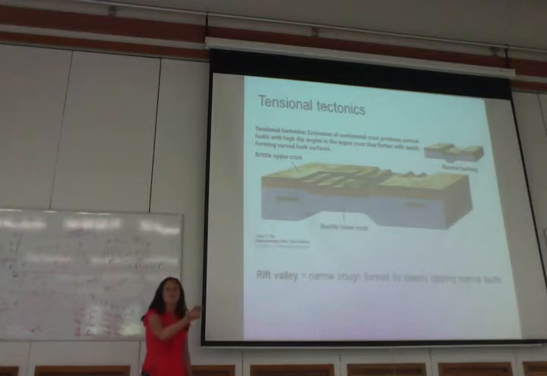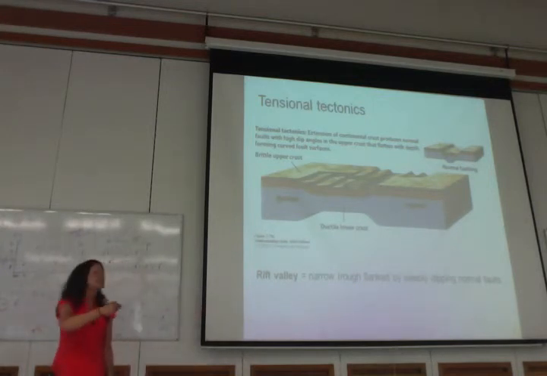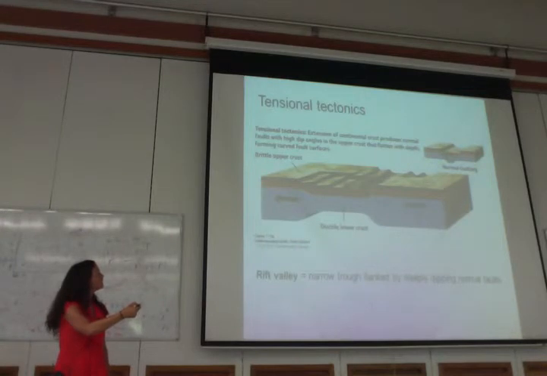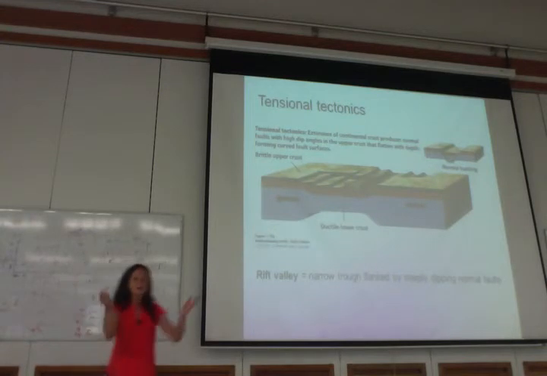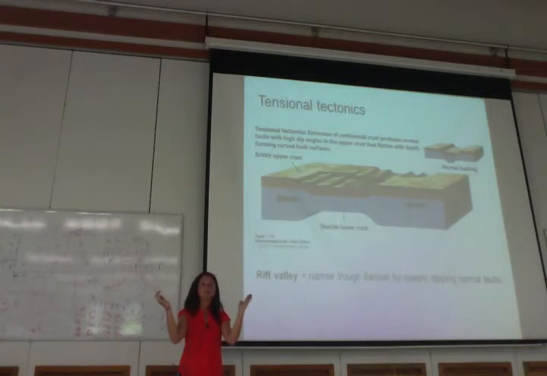And one feature of these places where we have a lot of extension, a lot of tension in the crust, is that we have normal faulting, but we produce these nice central rift valleys. So a rift valley is a dip in the Earth's crust, which either side has normal faults. It's bounded either side by steeply dipping normal faults.